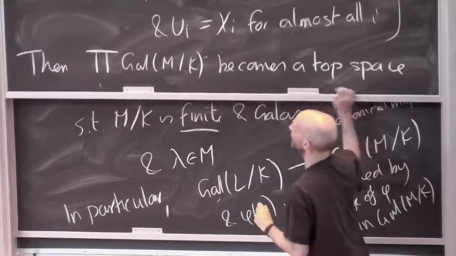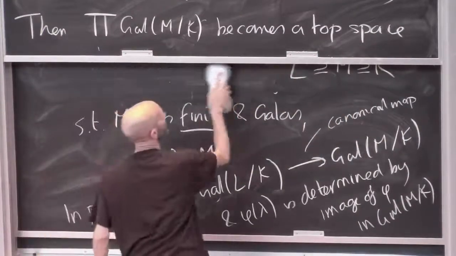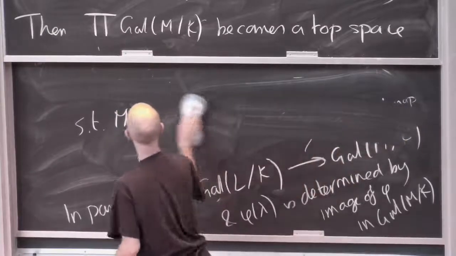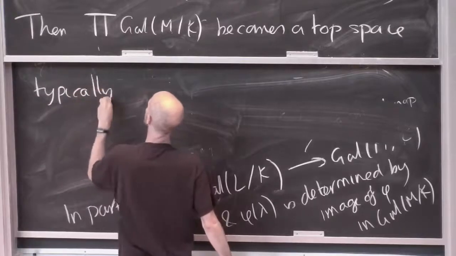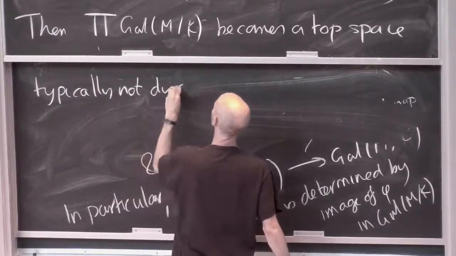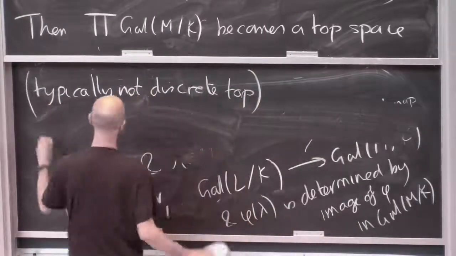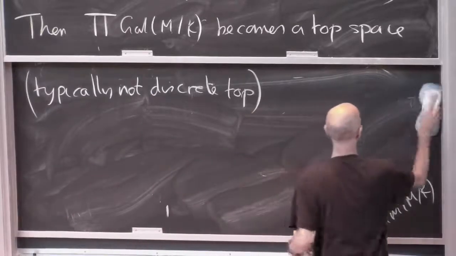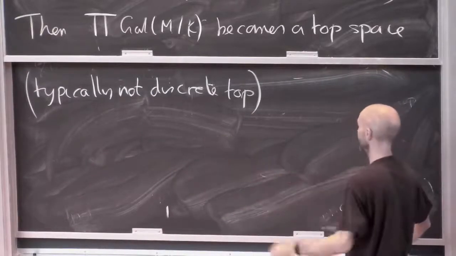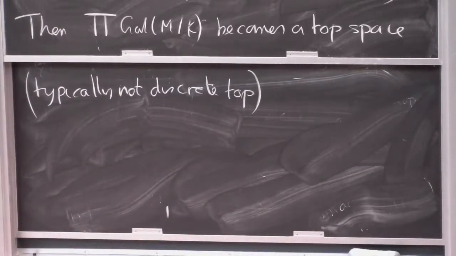And I should probably flag that it's typically not the discrete topology. We're not really interested in this huge product. We're interested in Gal(L/K), which is actually a subset. It's the subset of elements in the product which are compatible.